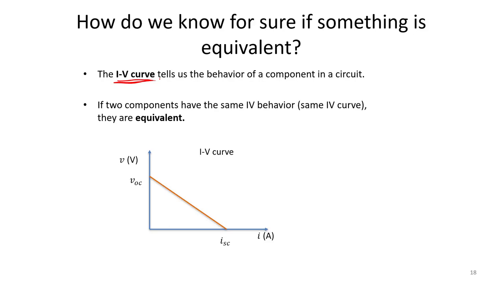It's kind of like taking somebody's fingerprints, and you can see how that circuit uniquely behaves under given conditions. The idea is that if we have two circuit components that have the same IV behavior, those components are equivalent.